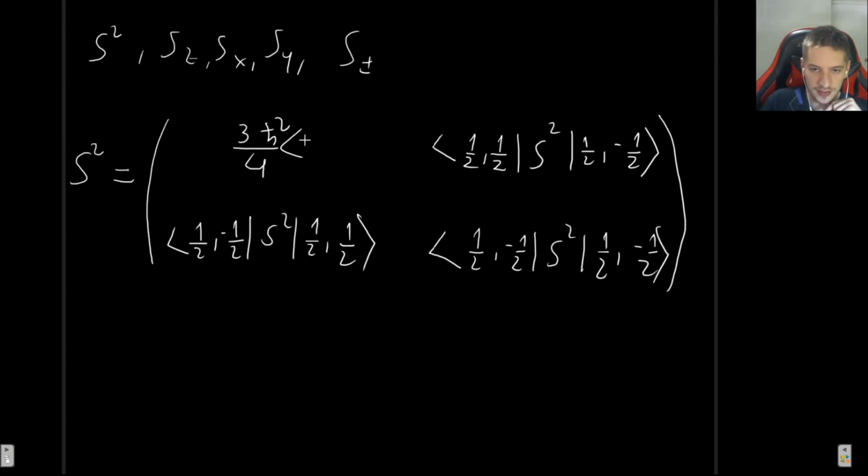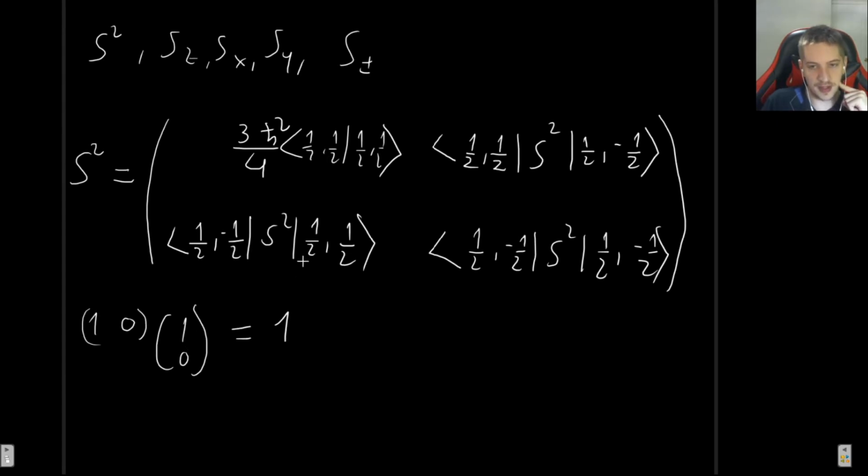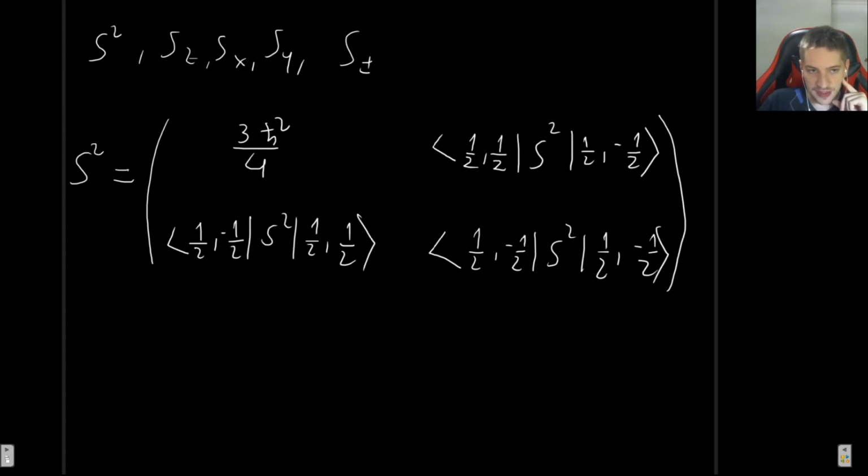And then we are going to get this 1/2, 1/2, 1/2, 1/2 inner product. But this is just 1, okay? That's basically saying 1, 0, 0, 1. And this is simply 1, because these are orthonormal states. Okay, so we are just going to get rid of it because that's 1.